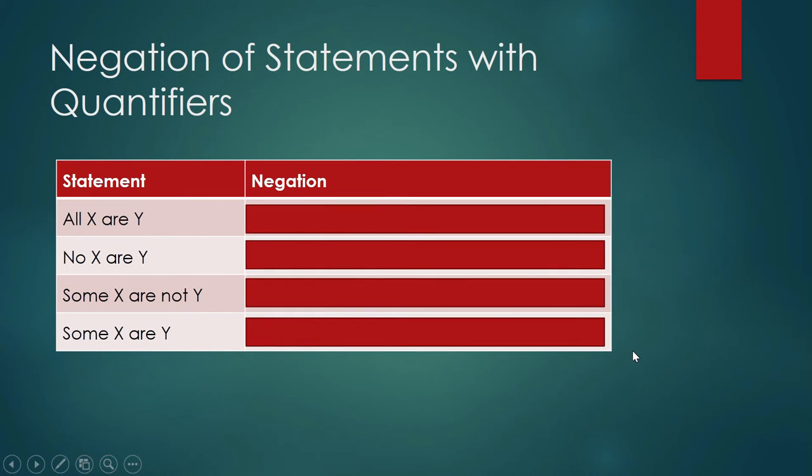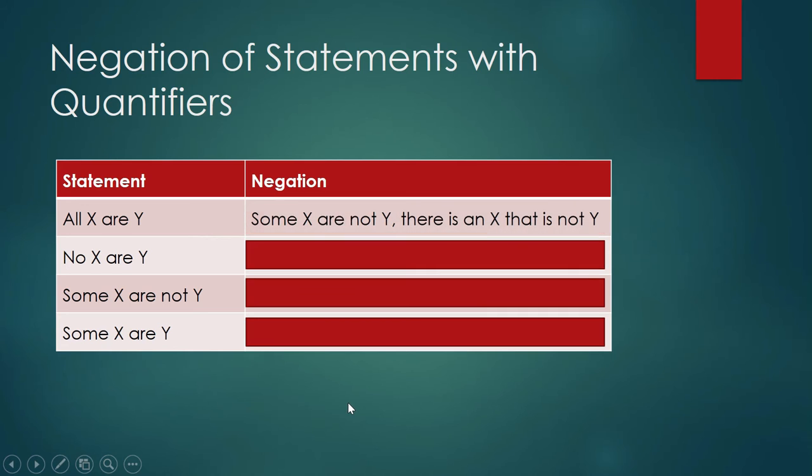I will show you a table, and this will show you the negation of statements written with universal quantifiers and existential quantifiers. What is the negation of this? All x are y? Well, there is an x that is not y, or some x are not y. Our statement, no x are y, is another statement with a universal quantifier.